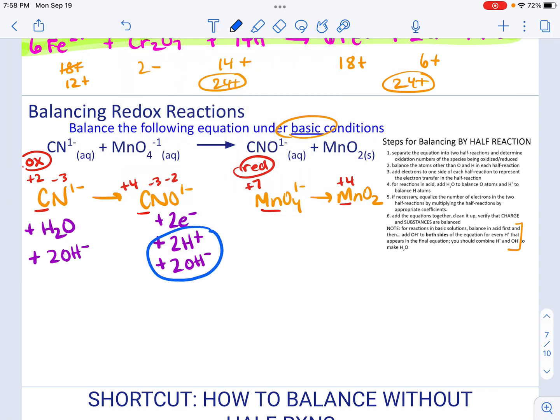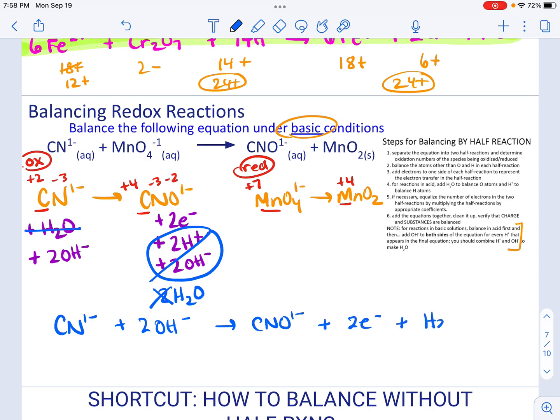And these 2 hydrogens and 2 hydroxides will be able to form in solution 2 waters. Now I have 2 waters on the right and 1 on the left, so I'm going to cross out what's in common, and that's going to leave me with 1 water on the right. And I can rewrite this half reaction as CN1 minus plus 2OH minus yields CNO1 minus plus 2 electrons plus 1 water.